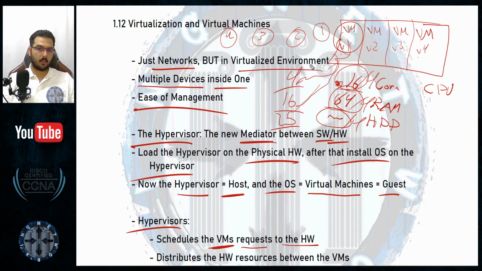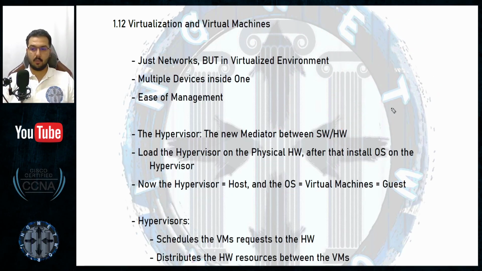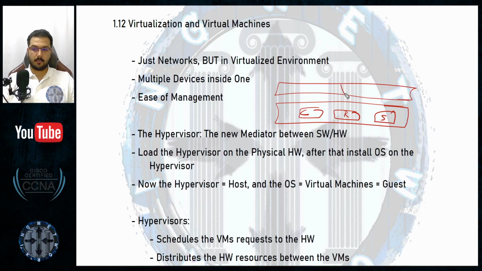So the hypervisor will be responsible for that, because let me show you something from a side point of view. This will be your hardware, your server that contains the CPU and the RAM and the storage, and you will install the hypervisor on it. So the hypervisor will be the mediator, correct?